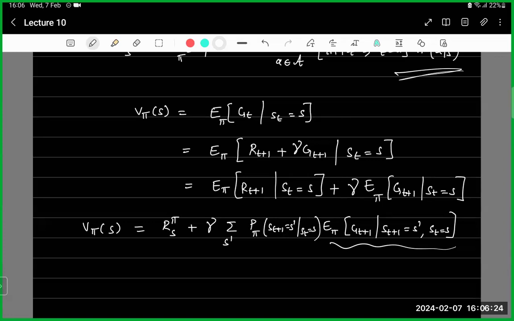So s t plus 1 is conditioned to be s dash, and what s t is doesn't matter now. What future returns you'll get only depends on where you are right now. So due to the Markov property, that will be equal to v pi of s dash.